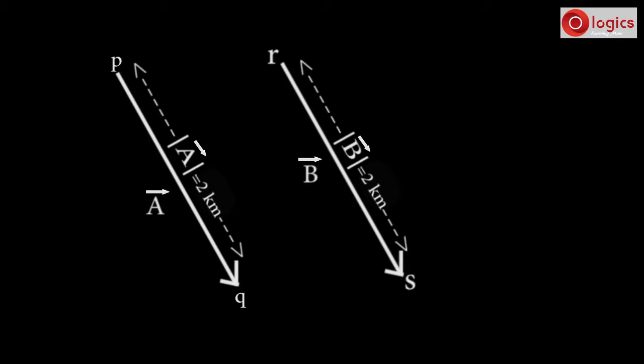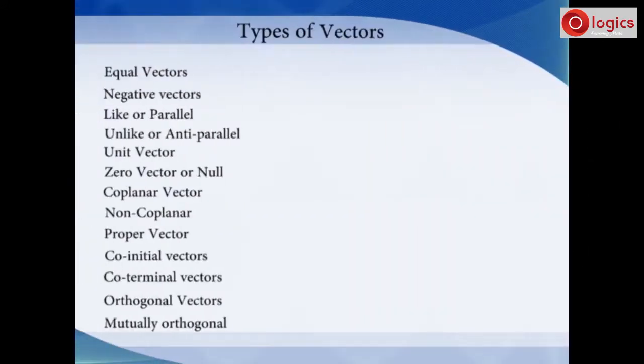So, we can call them equal vectors. Therefore, A bar equals to B bar. Two vectors having same magnitude and direction are said to be equal vectors.